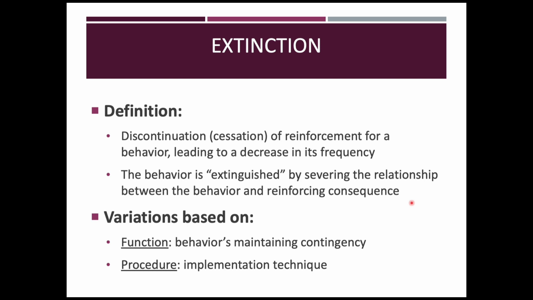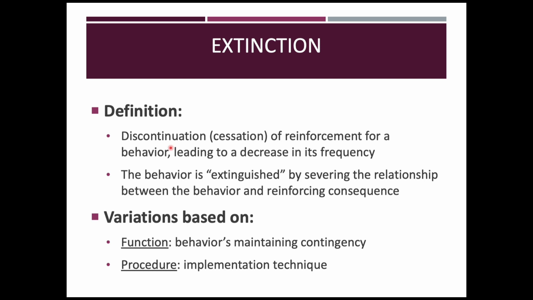We would withhold attention. If problematic behavior was maintained by social negative reinforcement in the form of escape, we would not allow the individual to escape. We would perhaps carry through with the demand or even physically guide them. So we're going to talk about all those procedural variations.